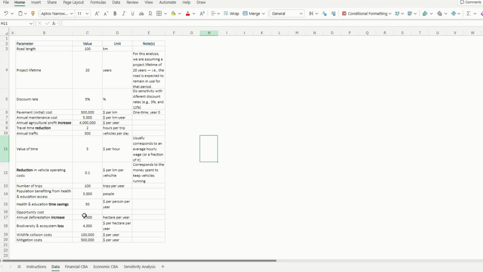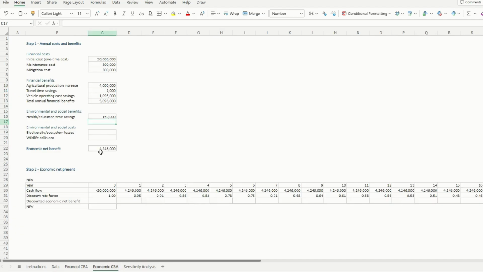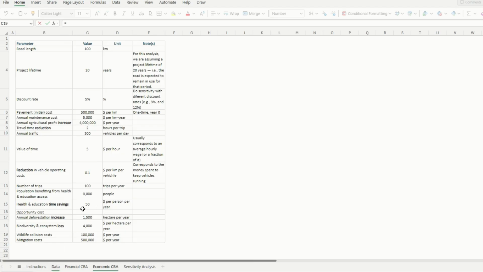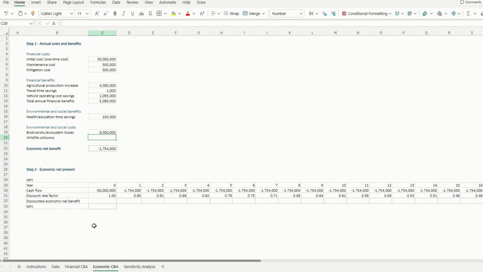In real analysis, these are usually estimated separately. So let's calculate it here. It will be the deforestation size, the annual deforestation increase times the value.